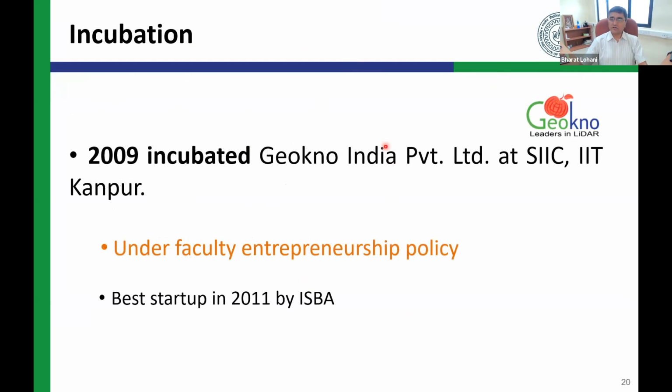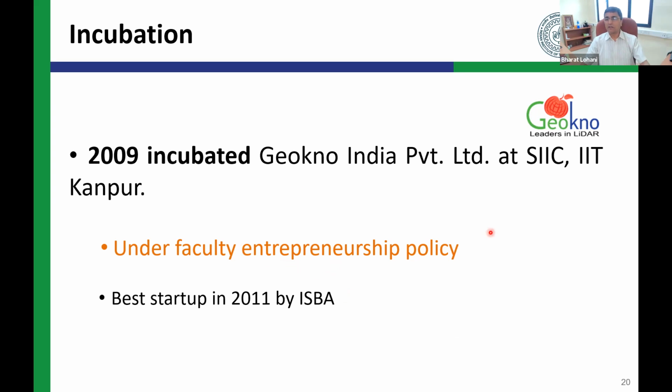And 2009 was the time when I had my colleague and my partner, Balaji, who joined IIT Kanpur in 2008. Together we thought, okay, fine, let's do something. And we started our company in IIT Kanpur under the faculty entrepreneurship policy. As I said, we have a very good entrepreneurship policy for the faculty members in IIT Kanpur, and because of this policy framework, I could start the company.